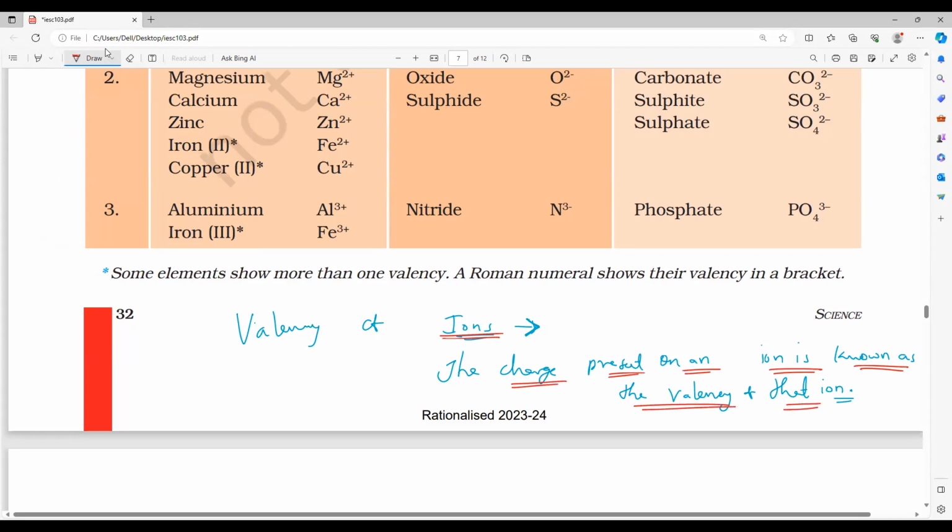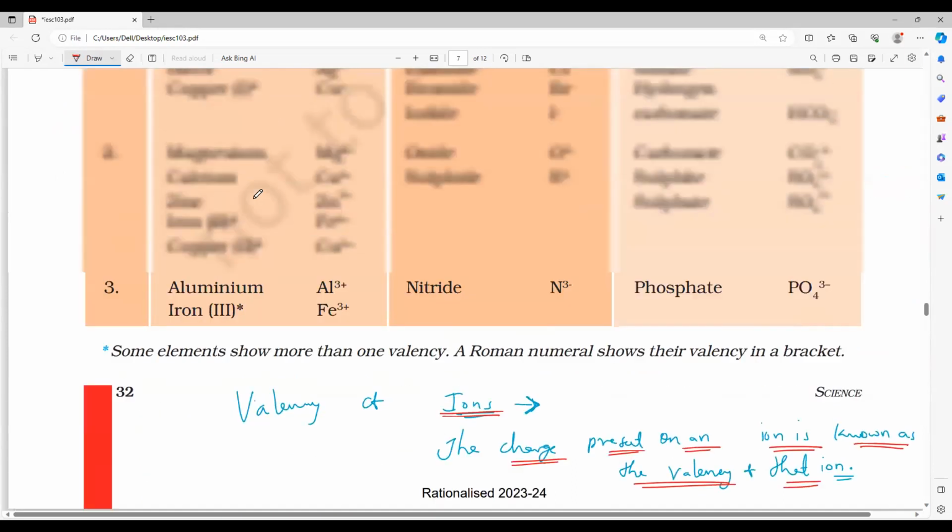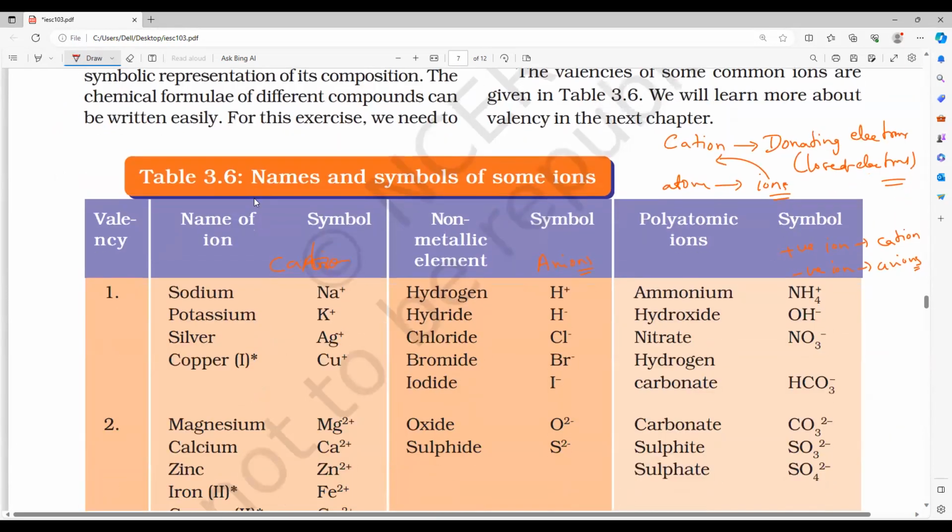Do you understand, everyone? Now, you are all seeing that plus indicates +1. Here also +1. Here minus is there, -1.